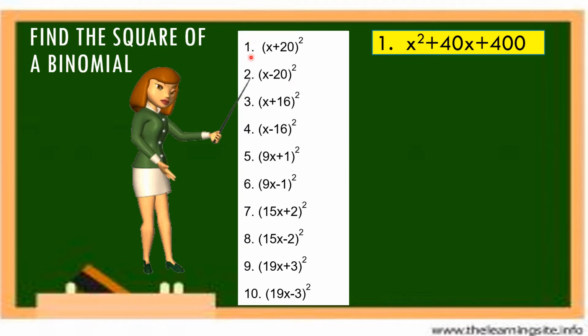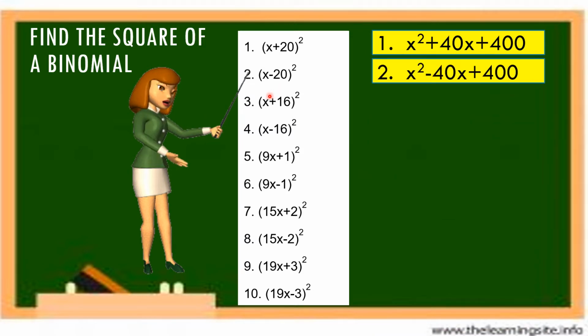Look at problem number 1 and 2. Look at our sign. One is positive and the other one is negative. We have the same result, but it only differs in the sign of the middle term. The result will be x squared minus 40x plus 400. For the next number, x plus 16 quantity squared, we will apply the rule.